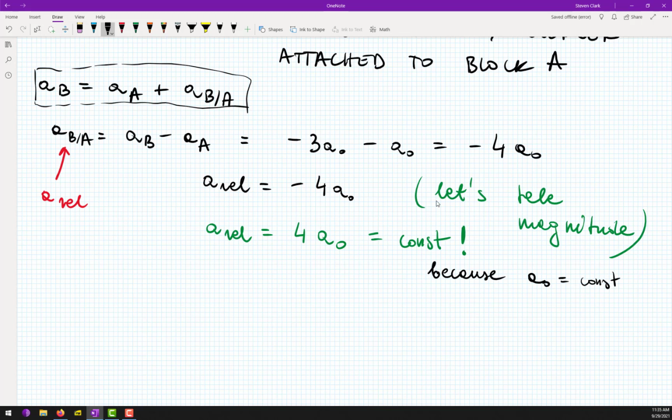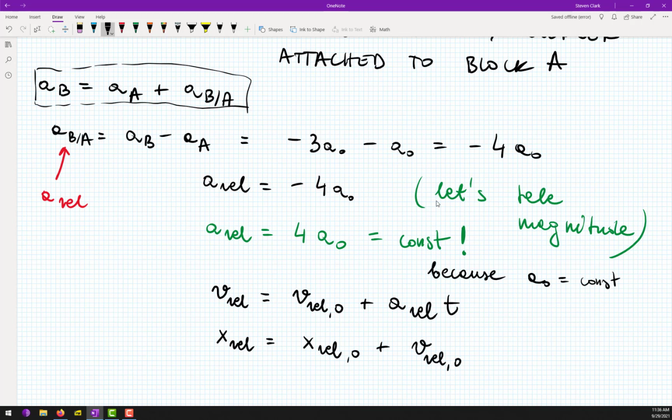If a is constant, you can always write v_rel equals v_rel initial plus a_rel t, and the relative displacement x_rel equals x_rel initial plus v_rel initial times t plus 1/2 a_rel t squared, because our a relative was constant.